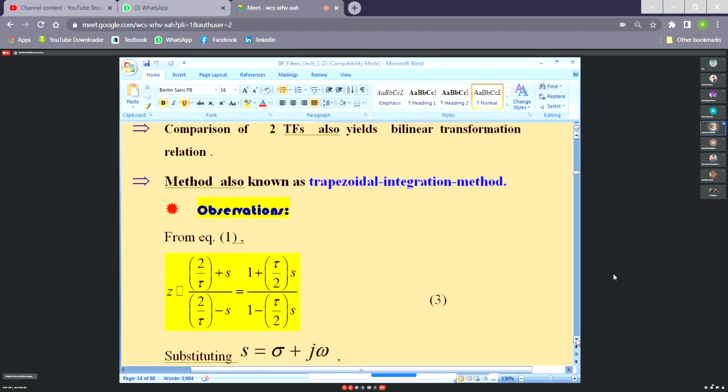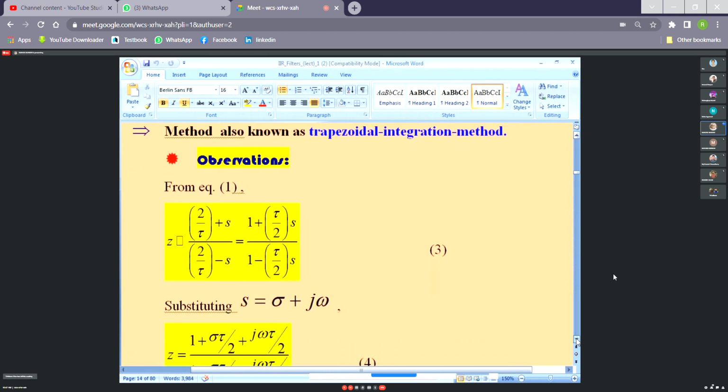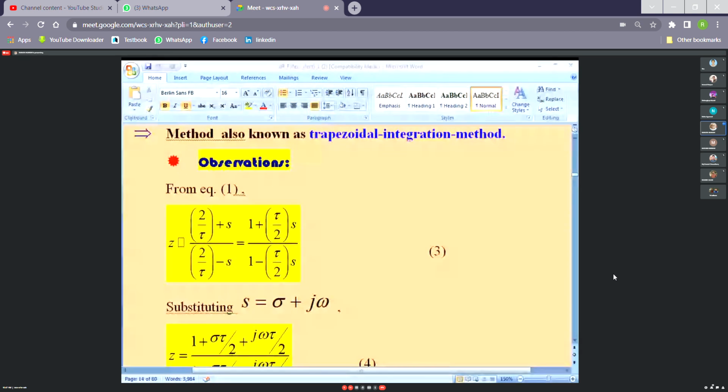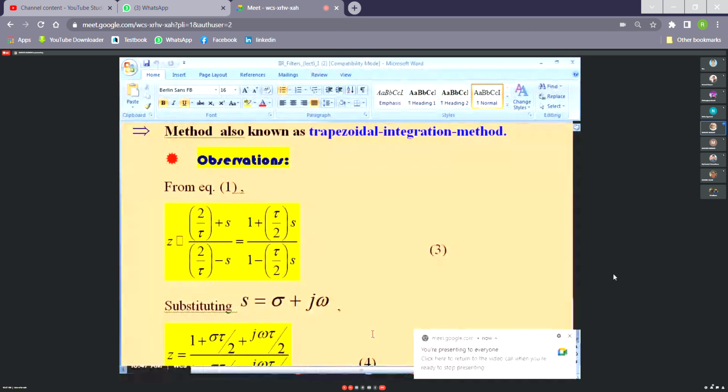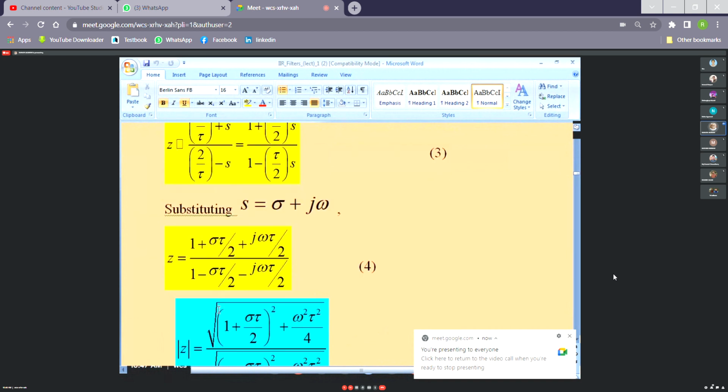Then what would you get? On making that substitution, Z will become equal to (1 plus sigma tau by 2 plus j omega tau by 2) divided by (1 minus sigma tau by 2 minus j omega tau by 2).